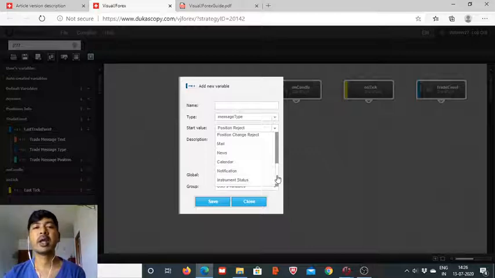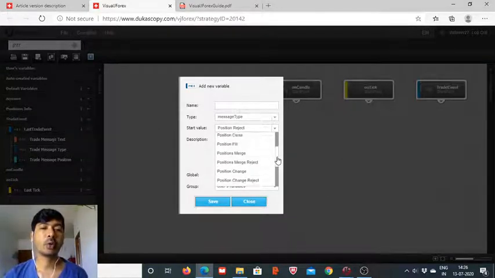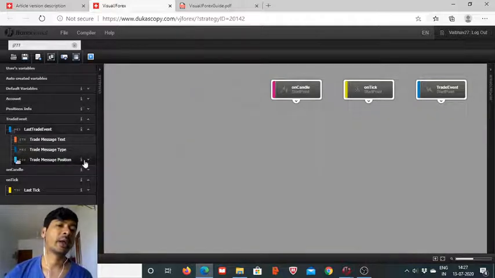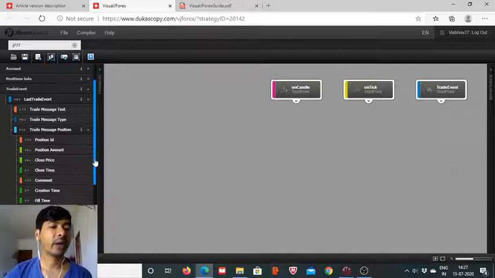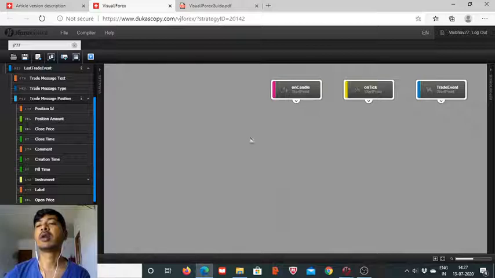In such scenarios, this trade event start point comes in handy, and depending on the logic of your algorithm, this trade event will reiterate, and new trades will happen while taking into account the current dynamics of any position which is there on the account. So you have these parameters available for use when you are using the trade event as the start point.